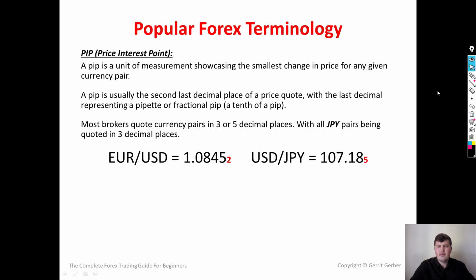Now, the pip, like I said, is the second to last decimal place in the price quote, and in this example the 5 is the pip value of the Euro USD and the 8 is the pip value of the dollar Japanese yen, with the fractional pip being the red value of 2 in the Euro USD price quote and 5 in the dollar Japanese yen price quote.